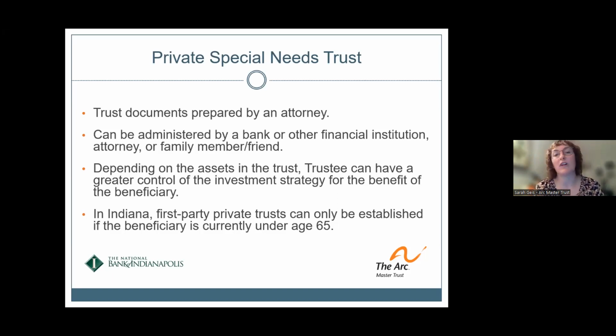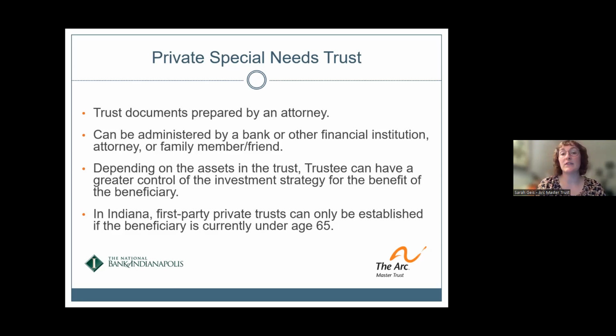Private special needs trusts can be administered by a bank or other financial institution, an attorney, or any family member or friend. You can also have multiple of these individuals administer a trust, and that would be a situation in which you have co-trustees. So it could be two family members, or an attorney alongside a family member or friend. That is absolutely possible.